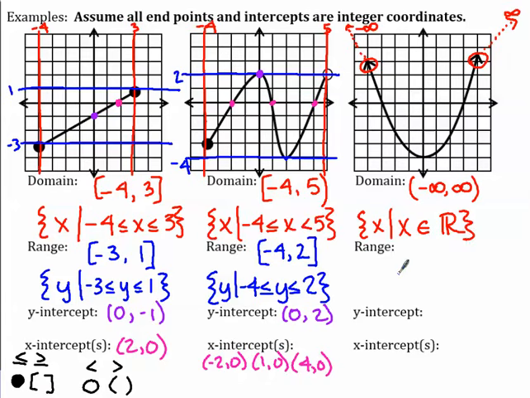For the range, we want to look at how high and how low the graph goes. So the lowest that it goes is -4. And then the highest that it goes, since there are arrows, the graph continues going up, so it's going toward +infinity.